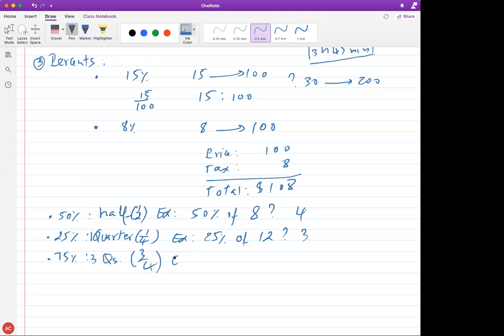And let's say you have some number, let's say 75% of 8. What is 75% of 8? If you divide this into quarters, you take 3 out of 4.